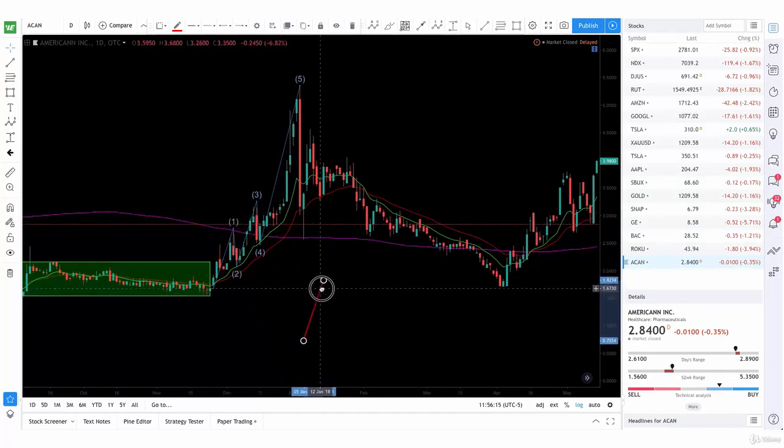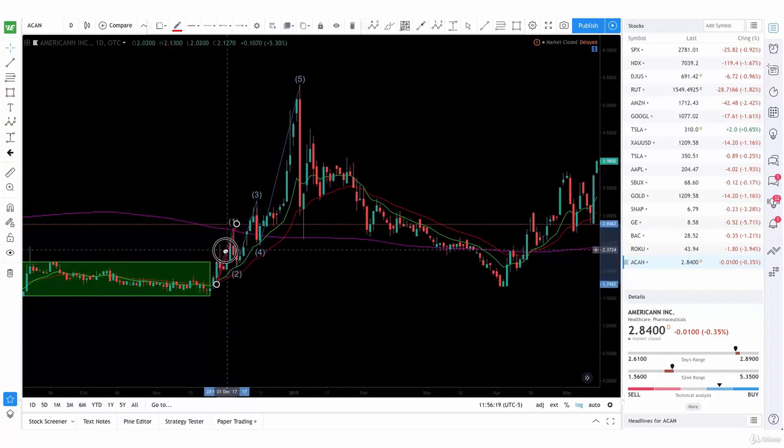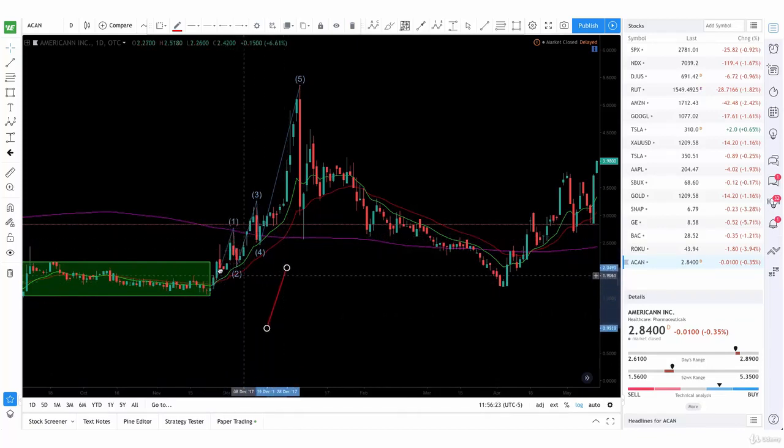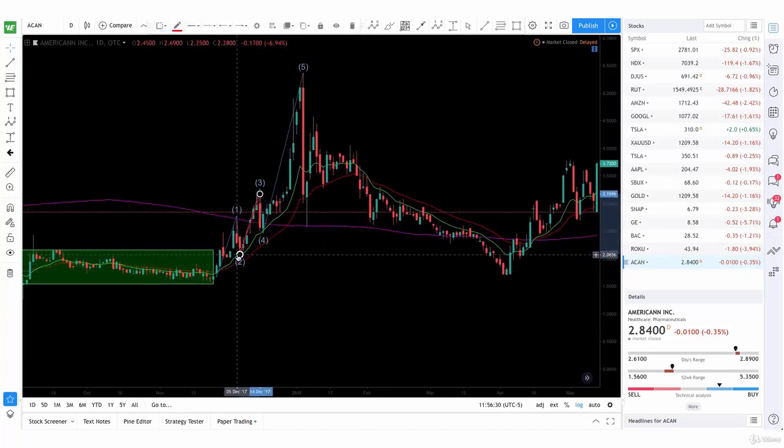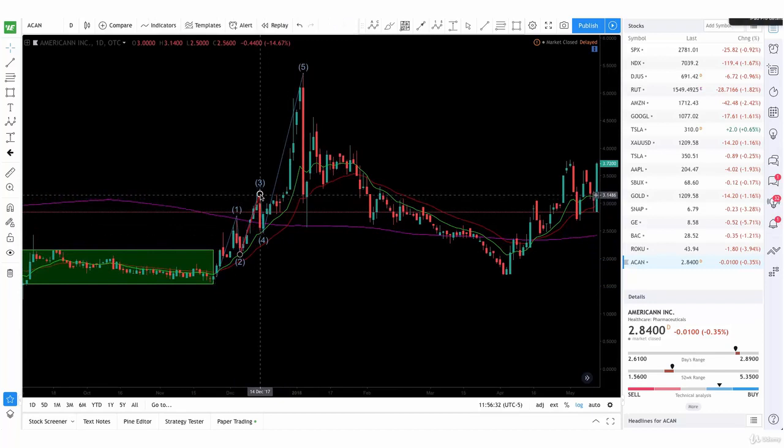So we measure this first wave right here, from the beginning to the top. Now we're going to take the retrace, which was our buying area. We put the bottom of it there, and then we look for the top. See? I just touched right there. It's perfect. Maybe it went a little bit higher in that little wick.